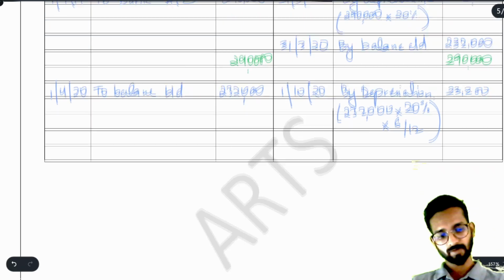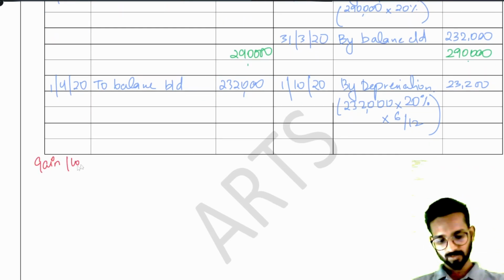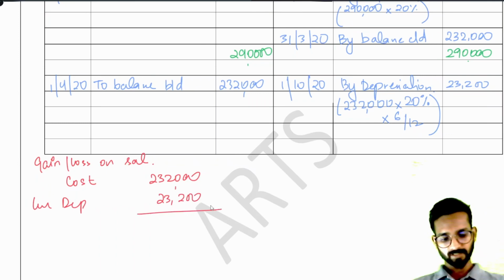Now I am selling that for 1,60,000. So now I can easily calculate gain or loss on sale. How? What is my cost? Cost was 2,32,000. Then out of the cost, if I remove 23,200 less depreciation, how much is left? 232 minus 23.2 is 2,08,800.